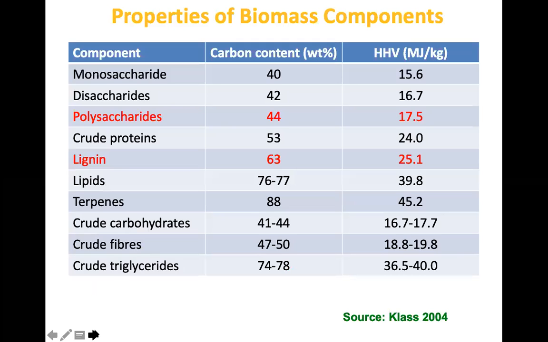Properties of biomass components. Biomass components, especially monosaccharides, disaccharides, and polysaccharides, are different carbon containing compounds, natural products, and they contain different amounts of carbon. Depending on the carbon, the heat-producing energy is different.